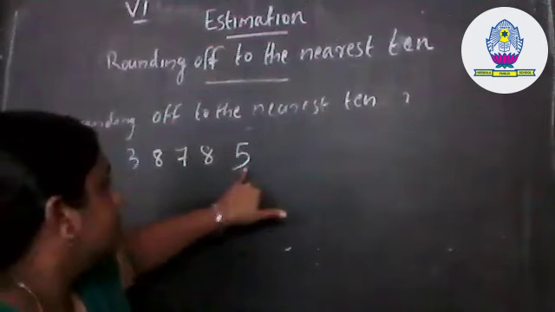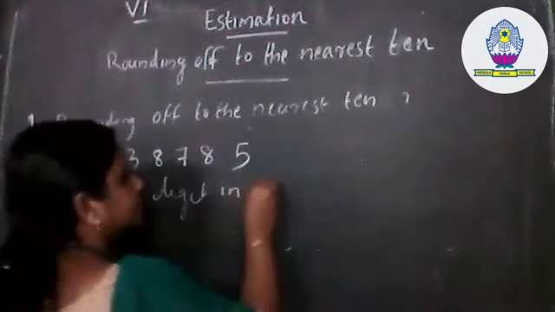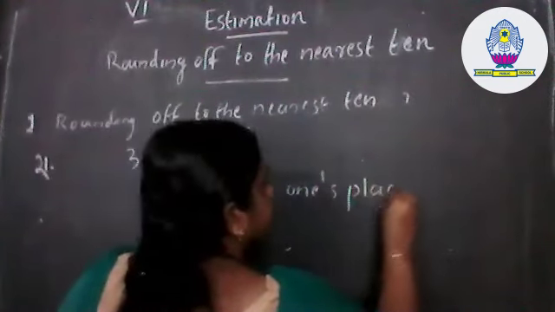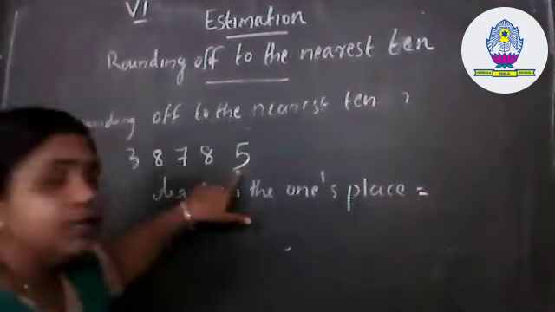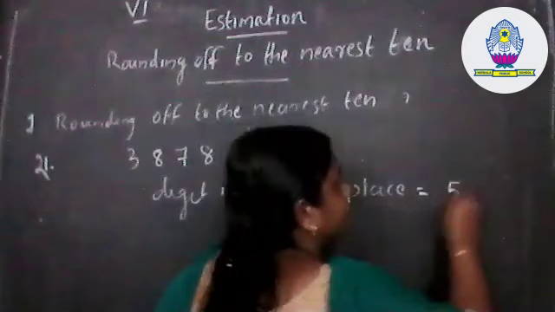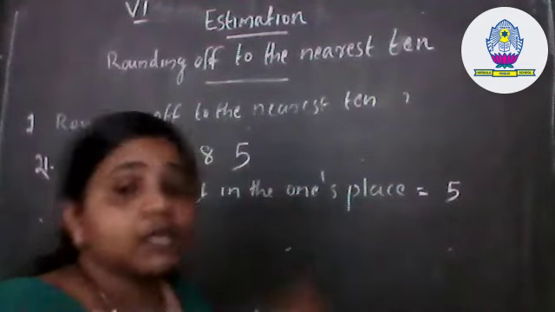Here the digit in the ones place is 5. This number, if the digit in the ones place is 5 or greater than 5.